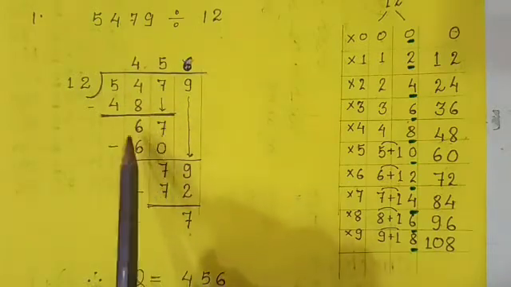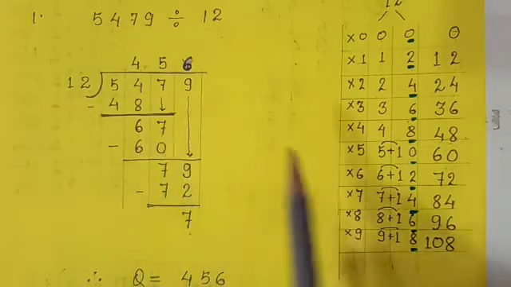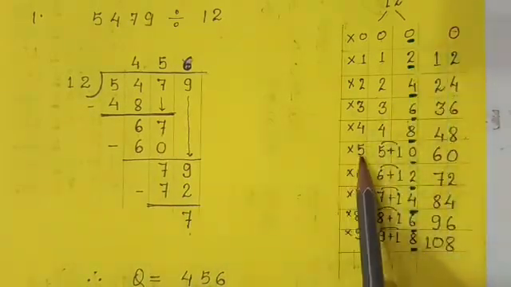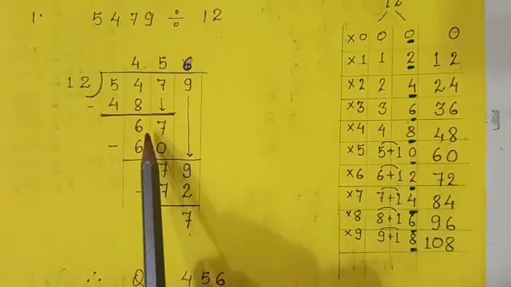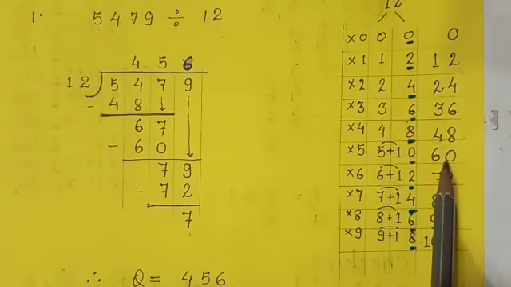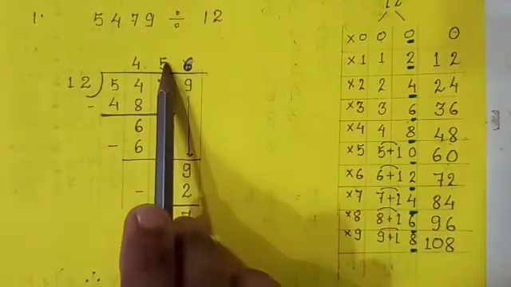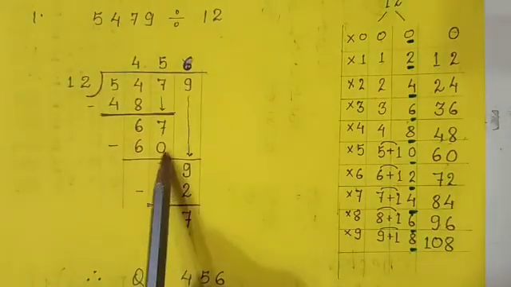Target is 67. Again, we have to search the nearest number to 67. What are we getting? 12 5s are 60 and 6s are 72. 72 is more than 67. So, we have to consider 12 into 5 is equal to 60. 5 we have to write here in the quotient place and 12 into 5 is equal to 60.